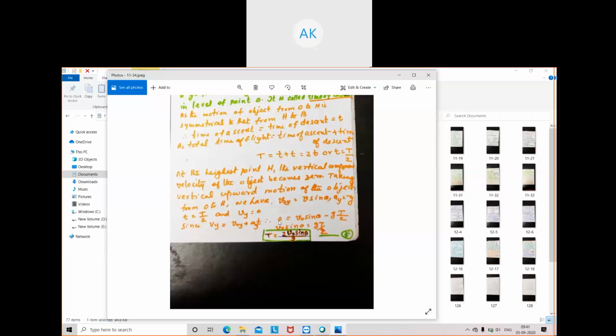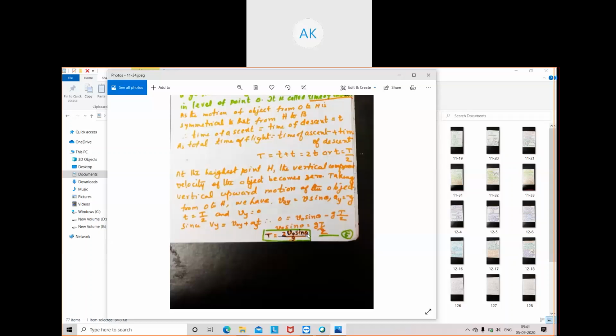V0 sin theta, minus g, since we move upwards, minus g is taken, into small t, which is capital T by 2, time of flight by 2. So V0 sin theta equal to gT by 2. Therefore, capital T is equal to 2 V0 sin theta by g. This is the time of flight.